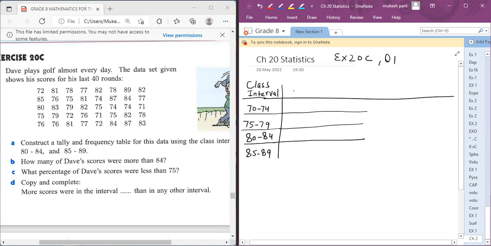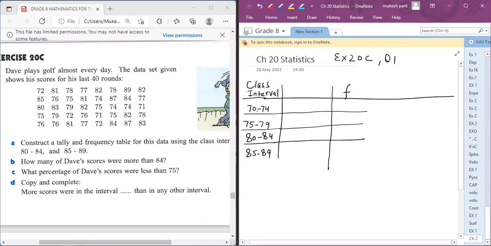If you wish, you can write frequency here, and then tally marks. But in most books, we write frequency here, and tally bars are written between class interval and frequency. So let's continue with that concept.